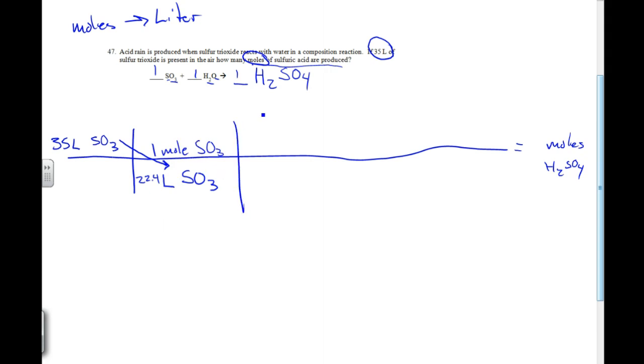All right. Next, we have ratio of coefficients. Whatever is here goes on bottom. So I have mole SO3. Whatever I want is on top. Moles H2SO4. Both of them are 1s. So 1 and 1. So I'm ready to do the math.